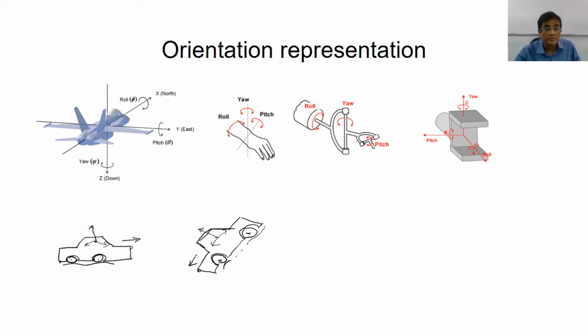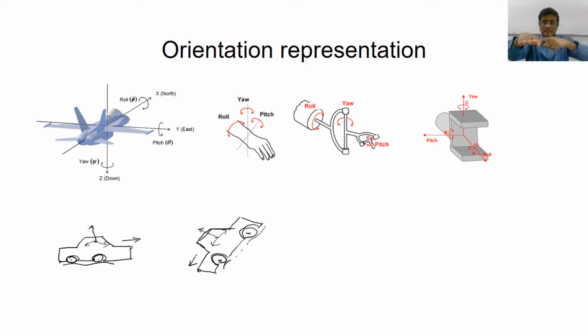We assign 3 orthogonal coordinate frames. Roll is normally assigned with the x-axis, pitch is measured about the y-axis, and yaw is normally measured about the z-axis. For example, consider an axis on my wrist. If I move my wrist about that, this angle is called yaw.